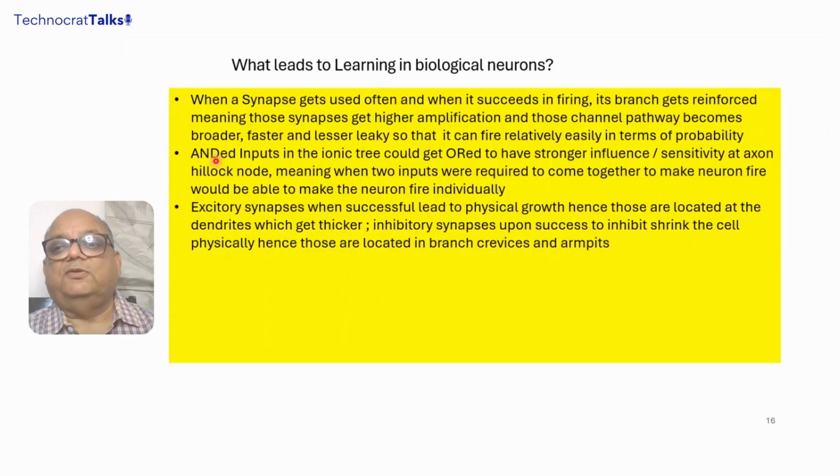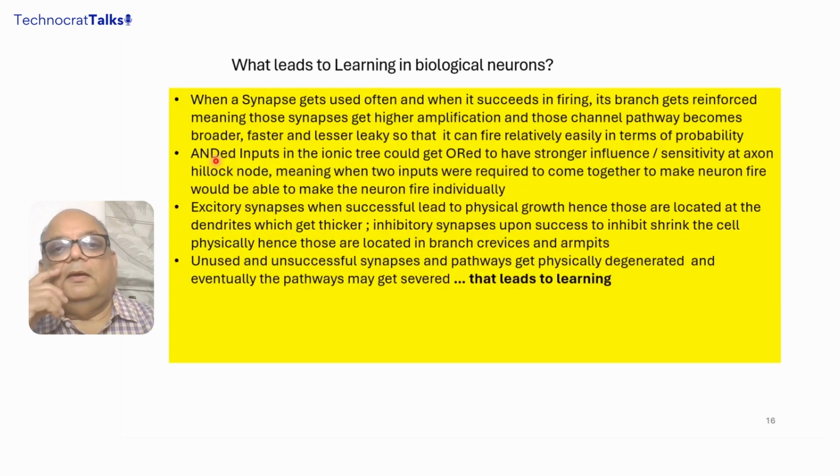And inhibitory synapses, on the other hand, tend to shrink the cell physically. Therefore, they will go into crevices and armpits inside the branches, because they keep on reducing the mass of the cell wherever they are present.